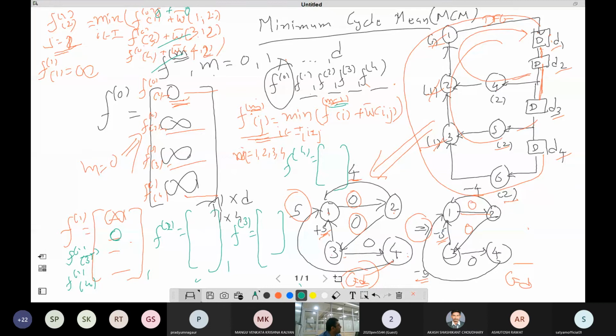When I am calculating f of 3, I require f of 2. And while I am calculating f of 4, I require f of 3. So the same equation is there, and you need to find all four matrices, or you can consider it a column vector. Yes, MTech, what is f1 3 and f1 4?